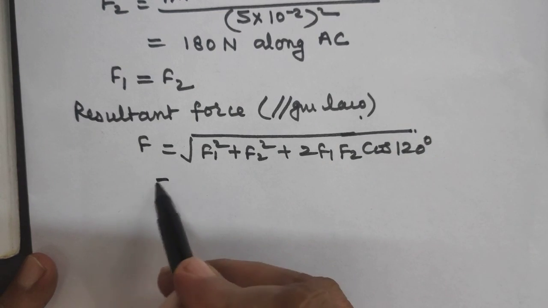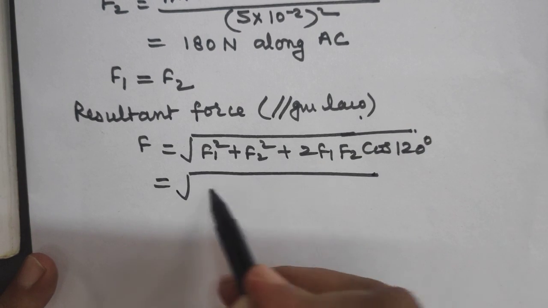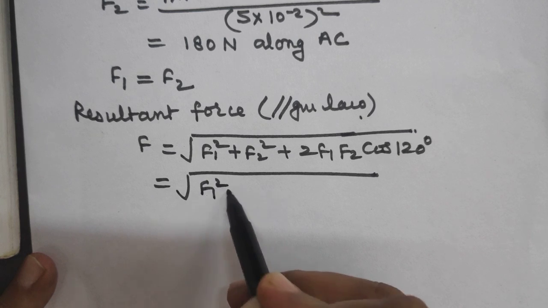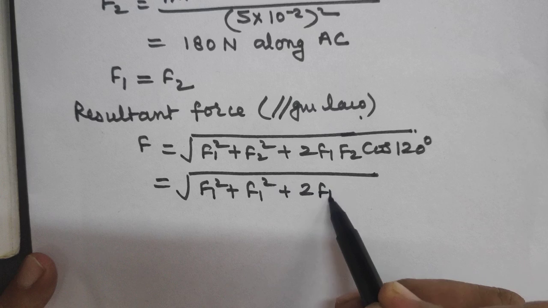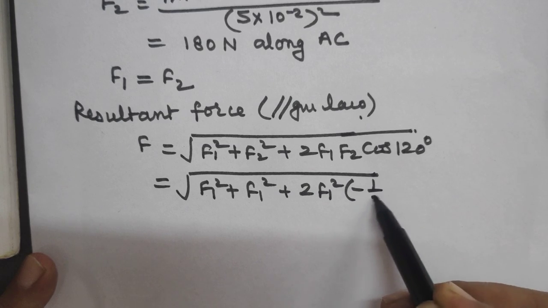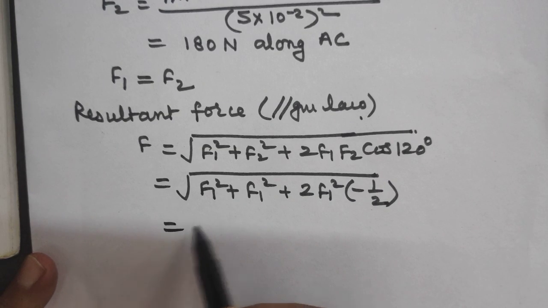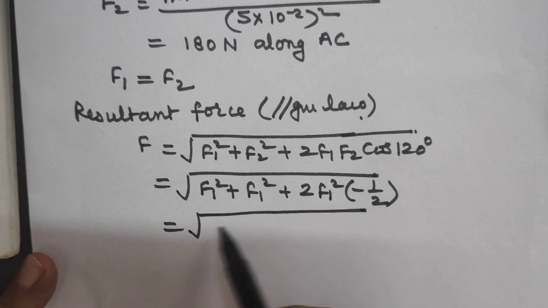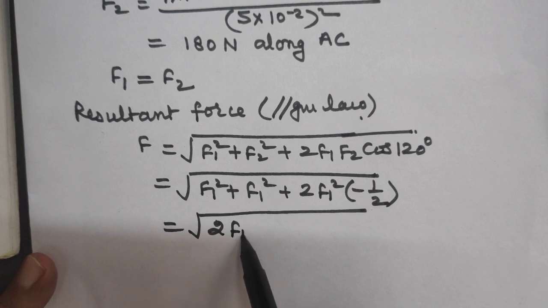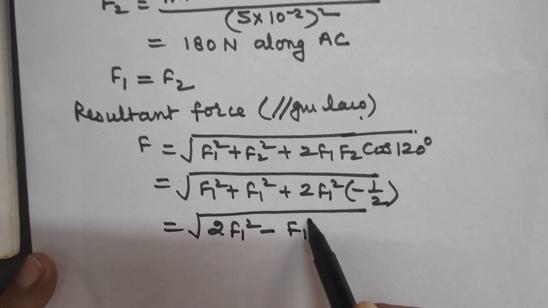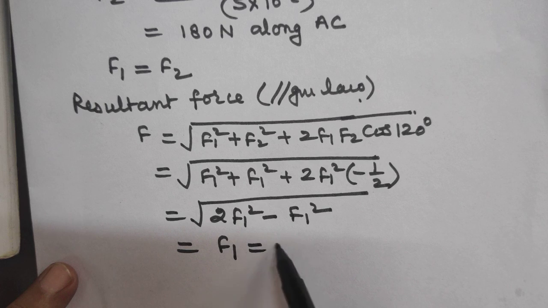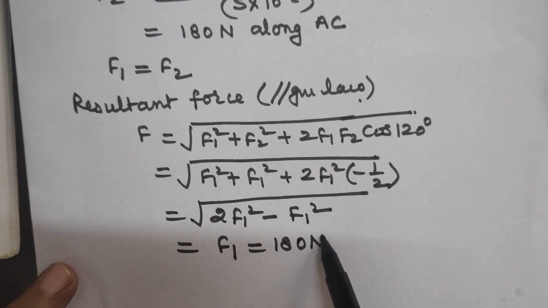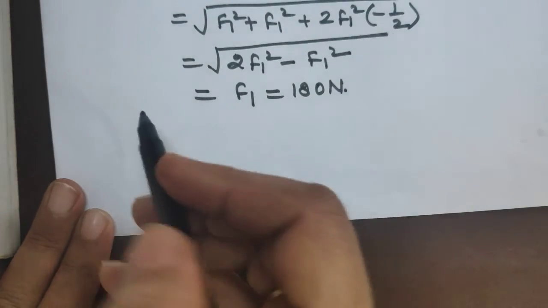So under root F1 square plus F1 square plus 2 F1 square into minus half, and that gives us 2 F1 square minus F1 square, that is equal to under root F1 square, and we get F1, and that is 180 Newton.